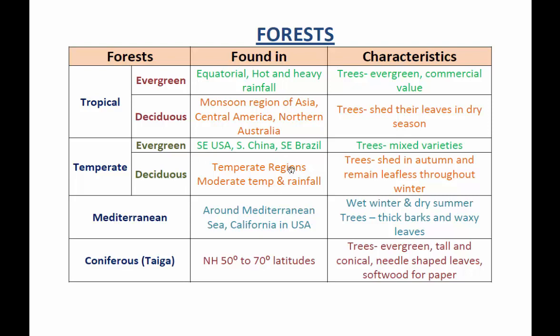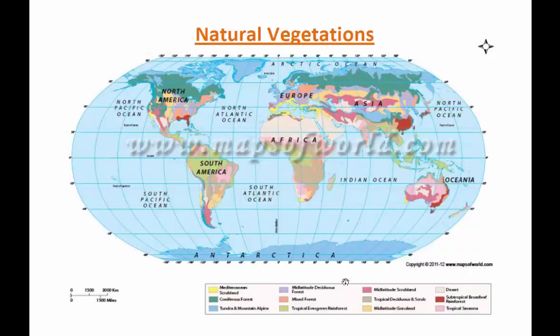Let us see together in the map mixed forest. The places which has been shaded in orange color. You can see it here in most of the places around this northern part of America, North America, in Europe, and some eastern part of this China.